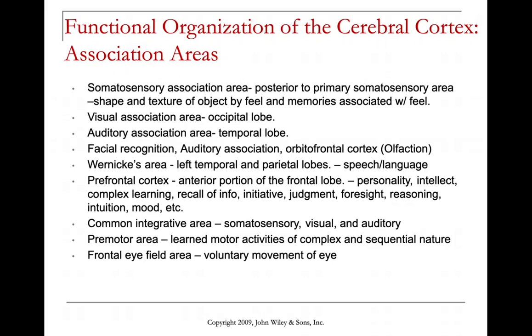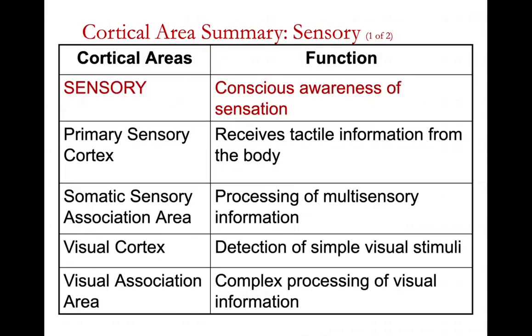Your premotor area, this is where you have your learned motor activities of complex and sequential nature. And then the frontal eye area controls the voluntary movement of the eyeball. So this gives kind of a nice, simple summary of what goes on in these cortical areas.